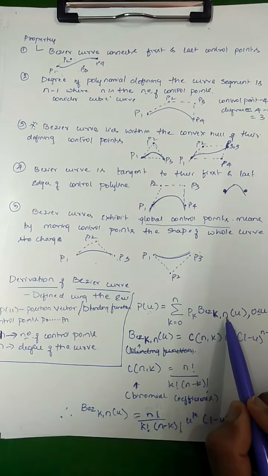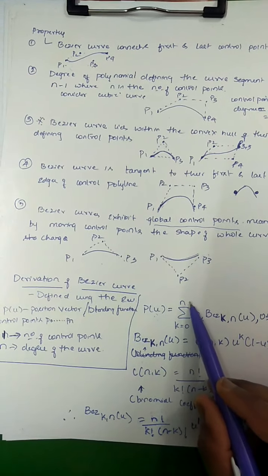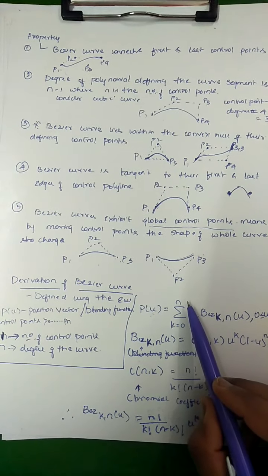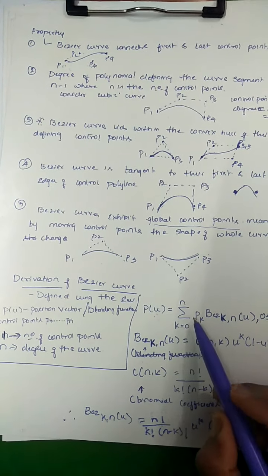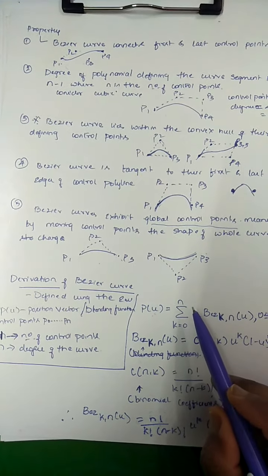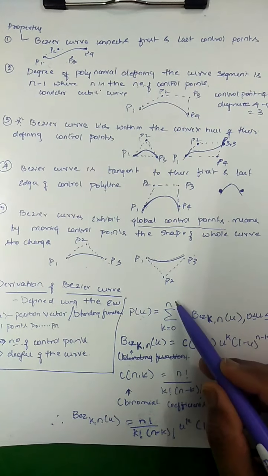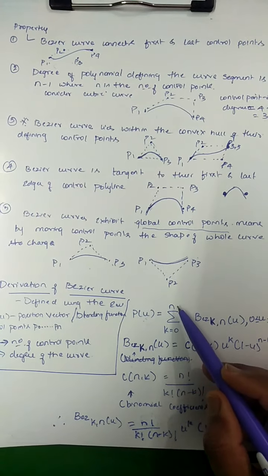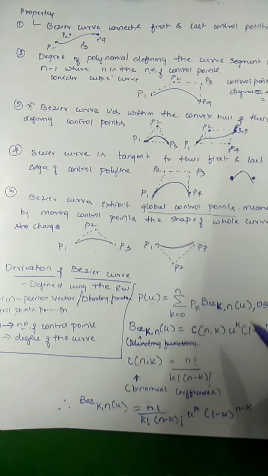So here, 0 to n means we'll be having n plus 1 control points, which means the degree of the curve is n.